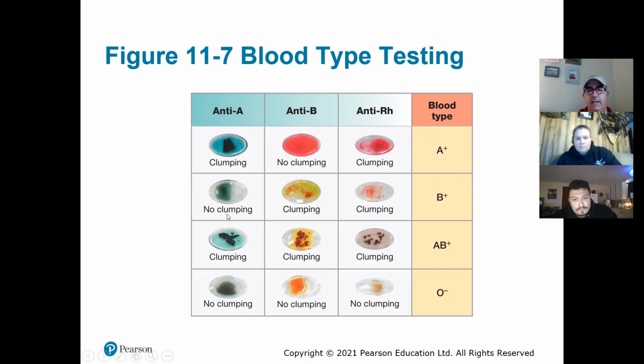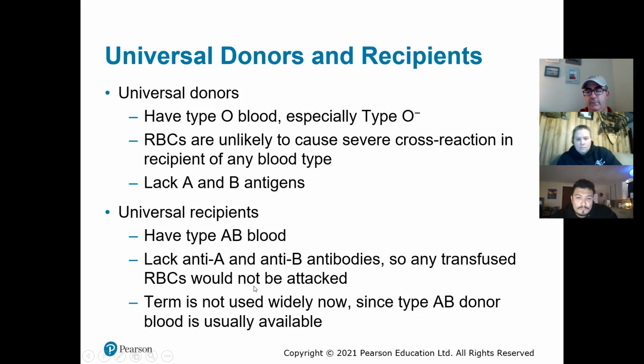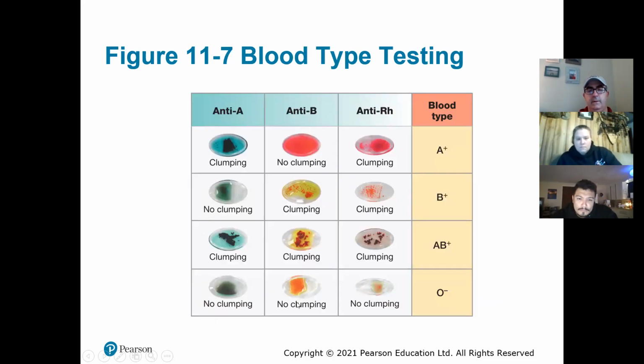If the B clumps, but the A does not clump, you know you're B. If both A and B clump, you're AB. And if neither A or B clump, you're O. And then the RH factor, this third one, if you get clumping, you're positive. If you don't get clumping, you're negative. So you can either be A positive, A negative, B positive, B negative, AB positive, AB negative, or O positive or O negative.